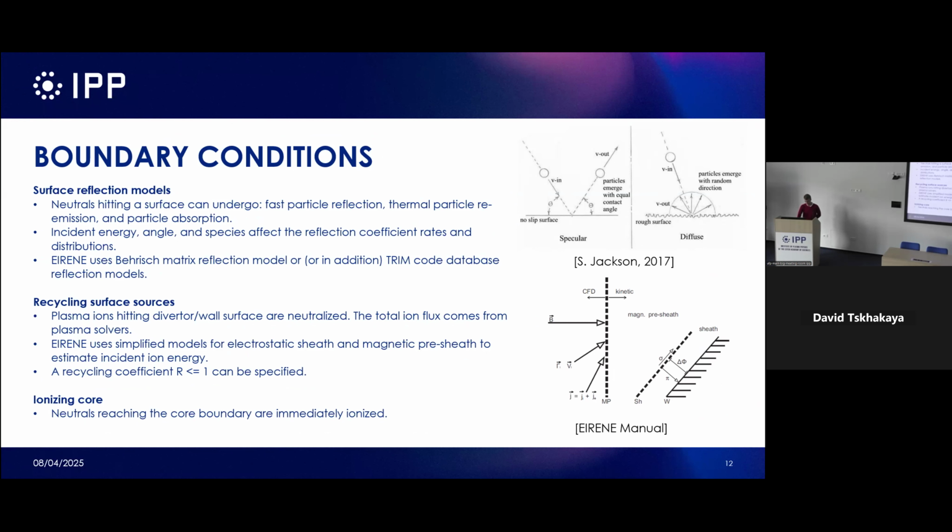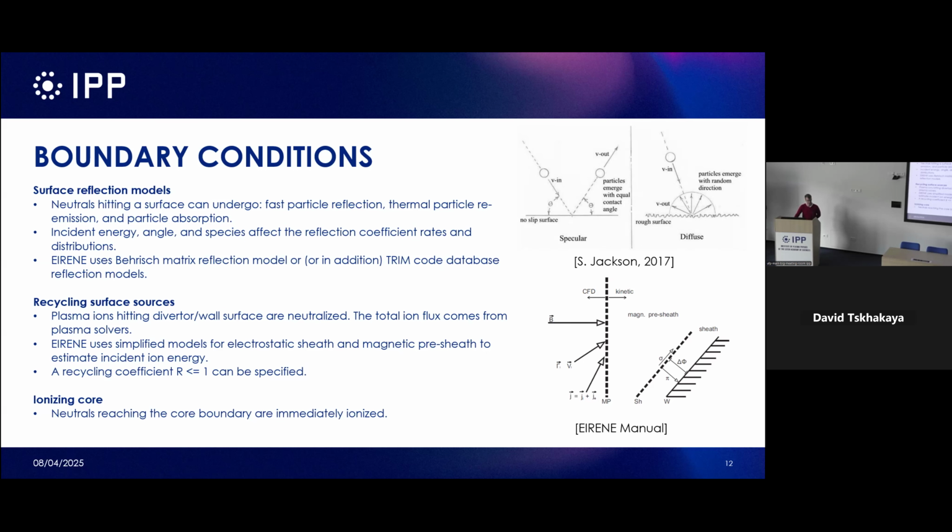As IRENE is usually coupled with fluid codes, it uses the ion flux that comes from the fluid codes to get the source of neutrals coming from the divertor. But fluid codes don't really simulate the sheath physics, so it uses some simplified models for the electrostatic sheath and magnetic pre-sheath. Sorry, I don't have the equations here.